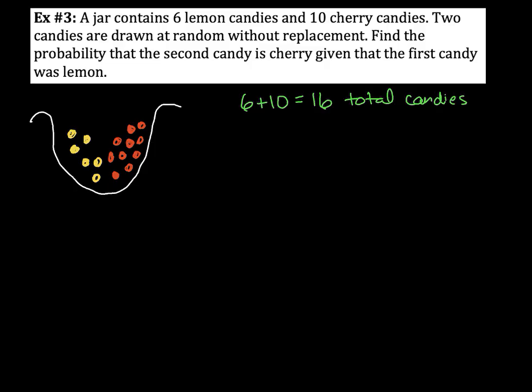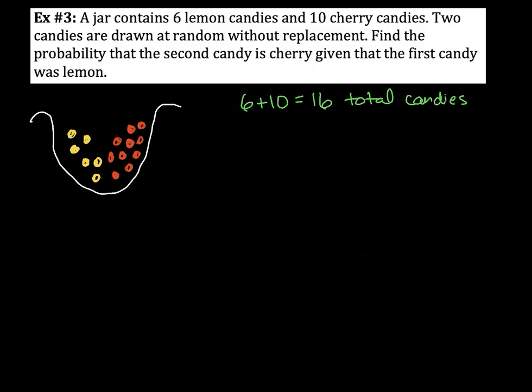And so of those 16 candies, on the first candy, so we're going to take the first candy times the second candy. And so, nope, tripping here. We're not going to do that.